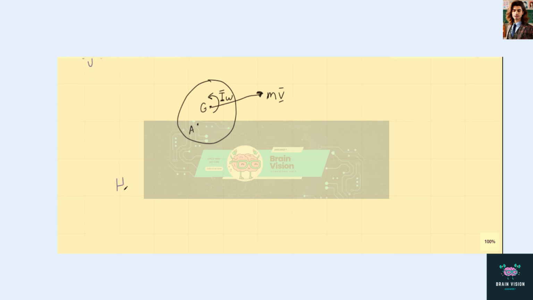So moments about A, the sum of which we'll call capital H_A, is equal to r, the position of G relative to A, crossed with m v bar, which is the momentum of the mass center, plus the angular momentum I bar, the mass center's moment of inertia, times omega, the angular velocity.